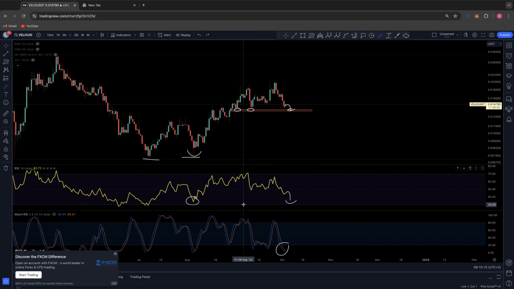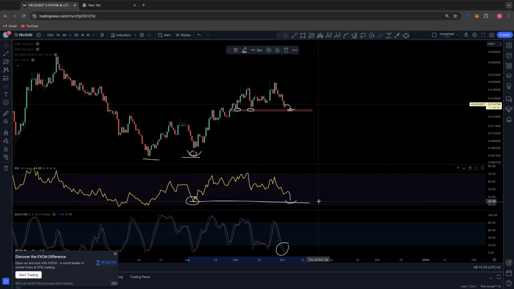So if we can come back and we do get a lower low in the RSI than this previous low, then you've got something called a hidden bullish divergence, because you've got a symmetrical low in the RSI, or a lower low, and then in the price, you've got these higher lows.